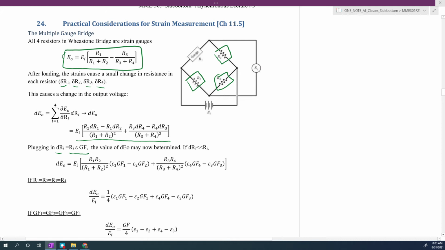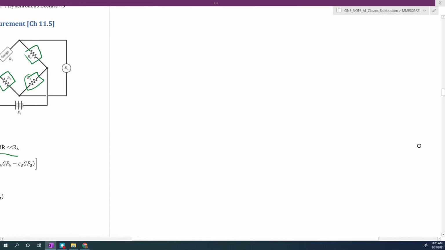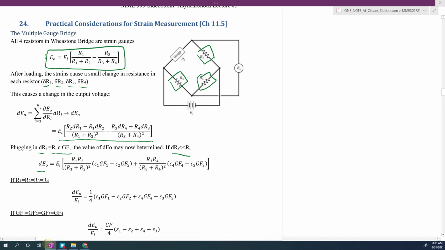We can make the assumption that the change in resistance is much less than the original resistance of our gauge. So our change in output voltage due to an applied external load will be given as a function of all the initial resistances and all the original gauge factors.